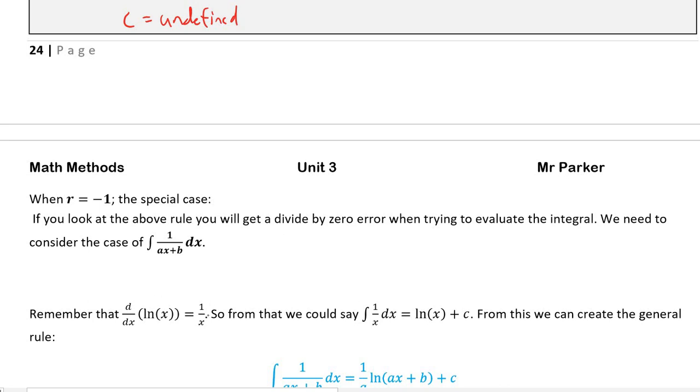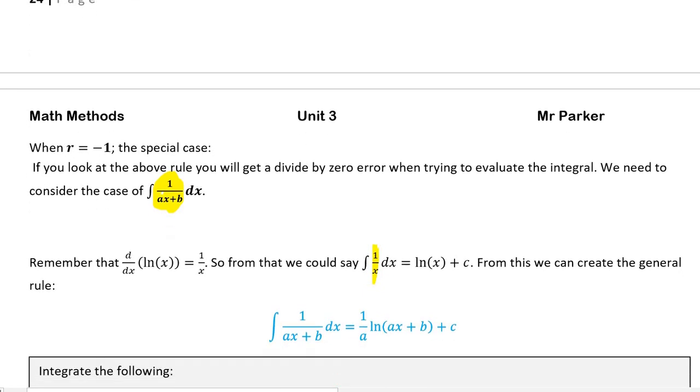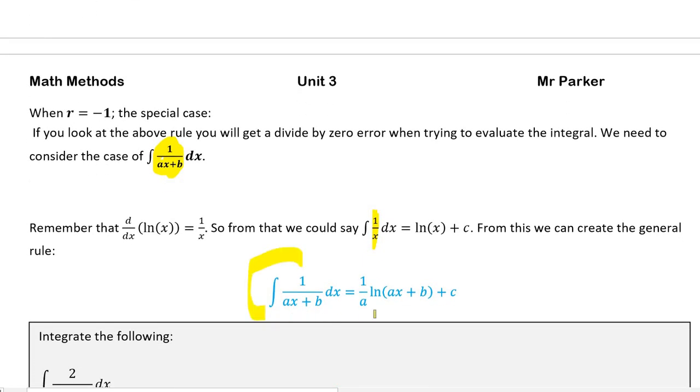So we can work backwards and say the integral of 1 over x is ln x. We can come up with this rule, which is that the integral of 1 over ax plus b is equal to 1 over a ln ax plus b, and then plus c, as always.